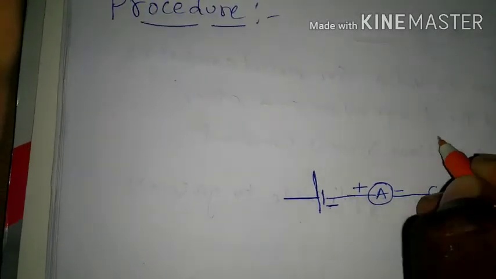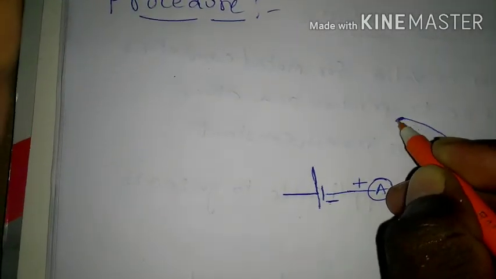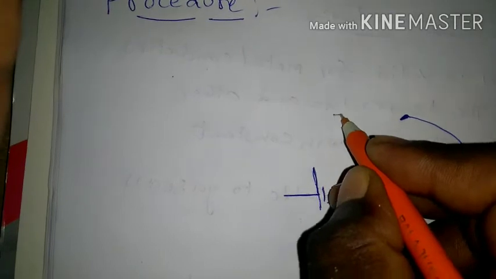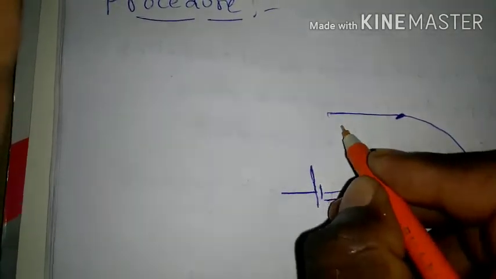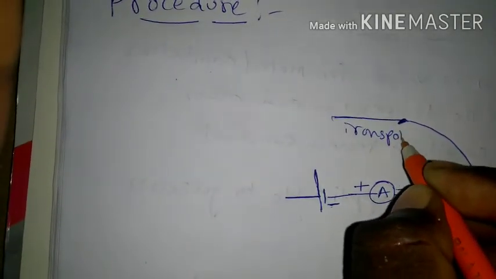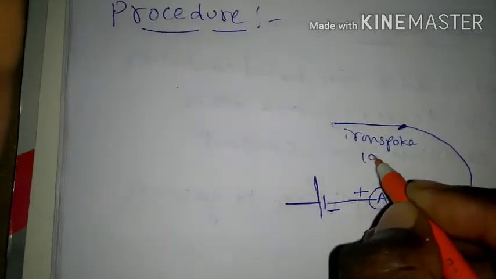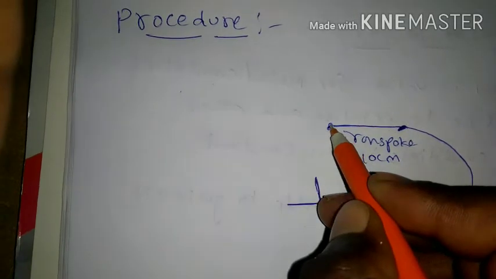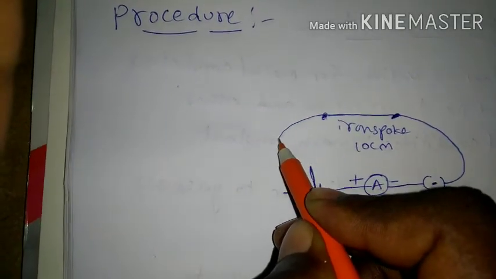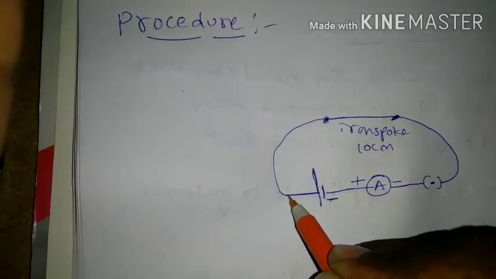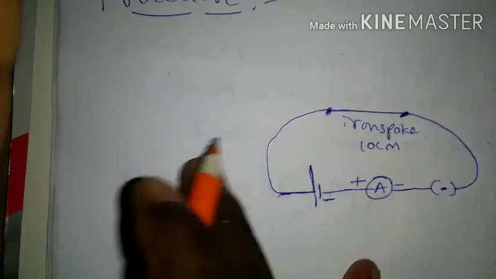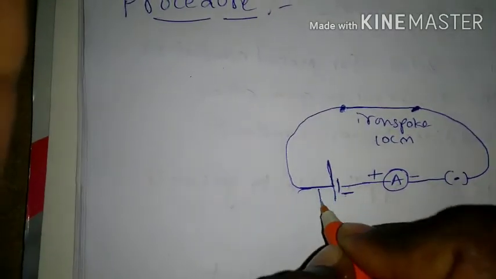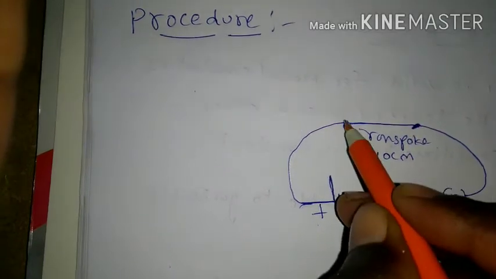Plug key connection to iron spoke. This iron spoke is of length 10 centimeters. Next one, iron spoke connection to battery positive terminal.